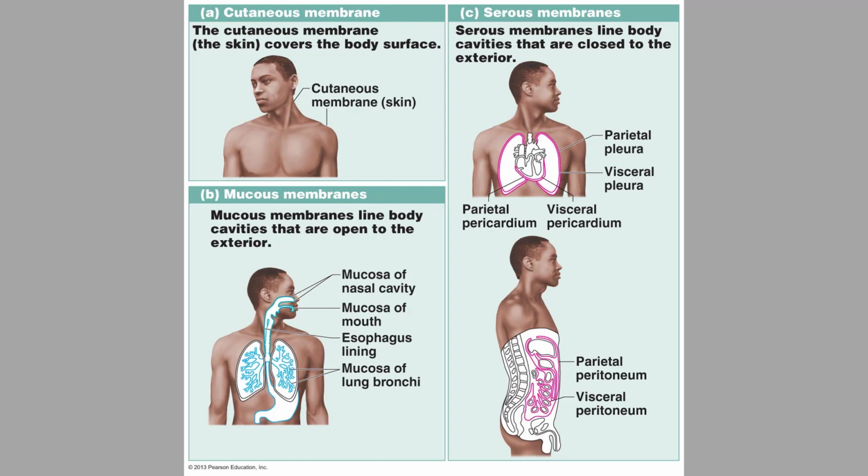Serous membranes line body cavities that are not exposed to the environment. So between the body cavity wall and the organs themselves. Both mucous membranes and serous membranes are wet, and we said the cutaneous membrane is dry.